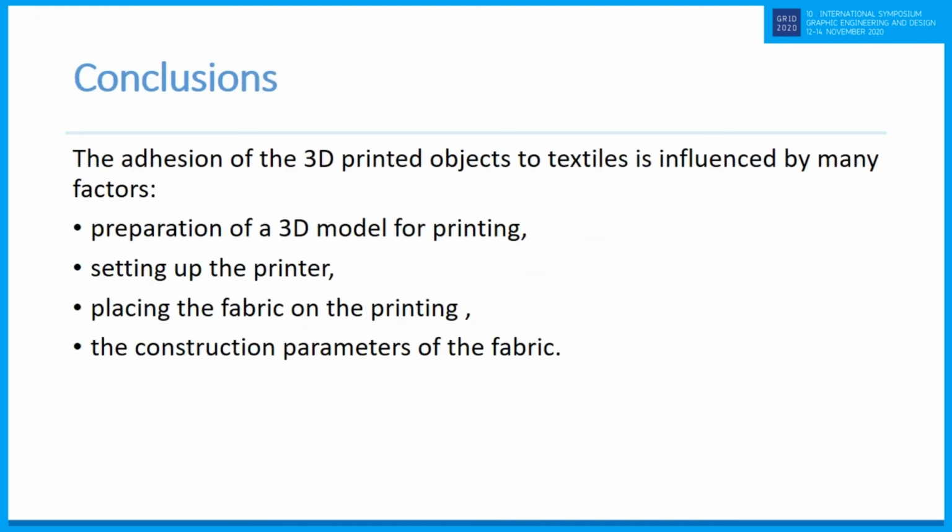The adhesion of the 3D printed objects to textiles is influenced by many factors: preparing of a 3D model for printing, setting up the printer, placing the fabric on the printing table, and of course the construction parameters of the fabric. The results obtained show that any change affects the adhesion.